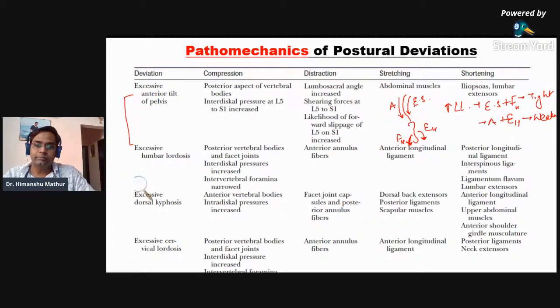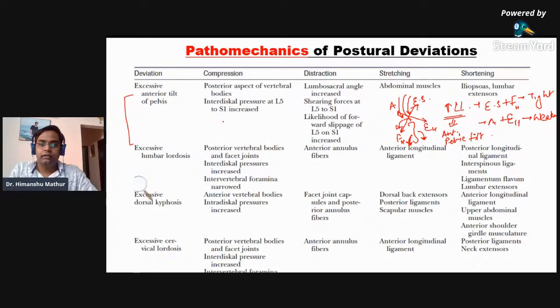So these muscles will go into tightness and these muscles will go into weakness when there is increased lumbar lordosis. It will always be associated with increased anterior pelvic tilt. Okay, it will lead to anterior pelvic tilt. All right.